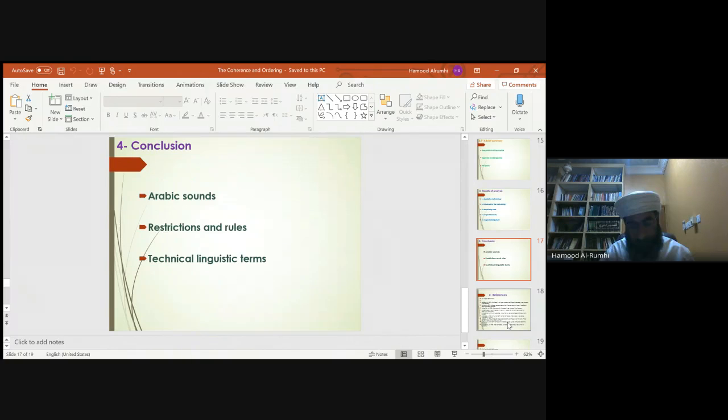In conclusion, they classified the Arabic sounds into different categories based on specific criteria for each category. They drew up restrictions and rules on the quality of the sounds that permitted the construction of the rules of Arabic morphology in terms of the number, type, and arrangement of sounds in the structure of the word.